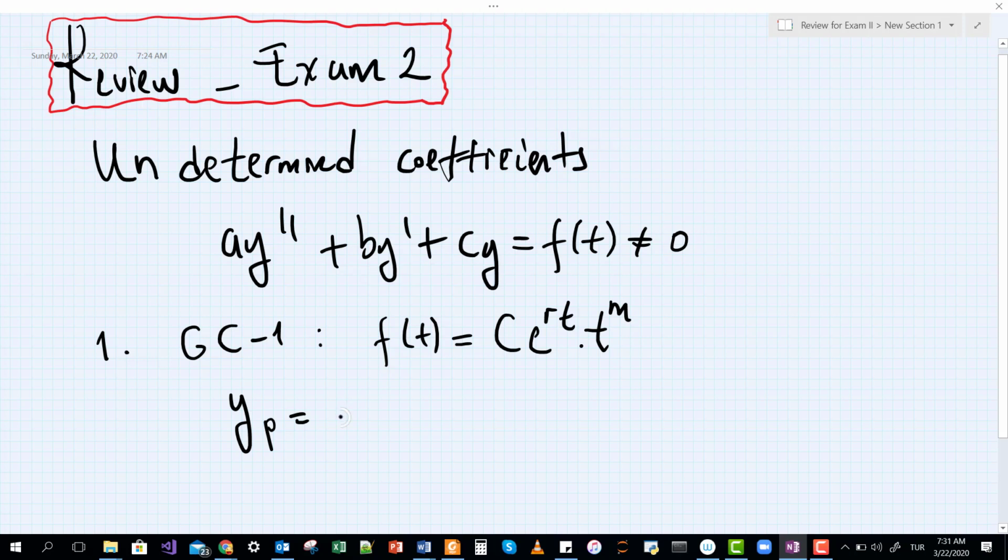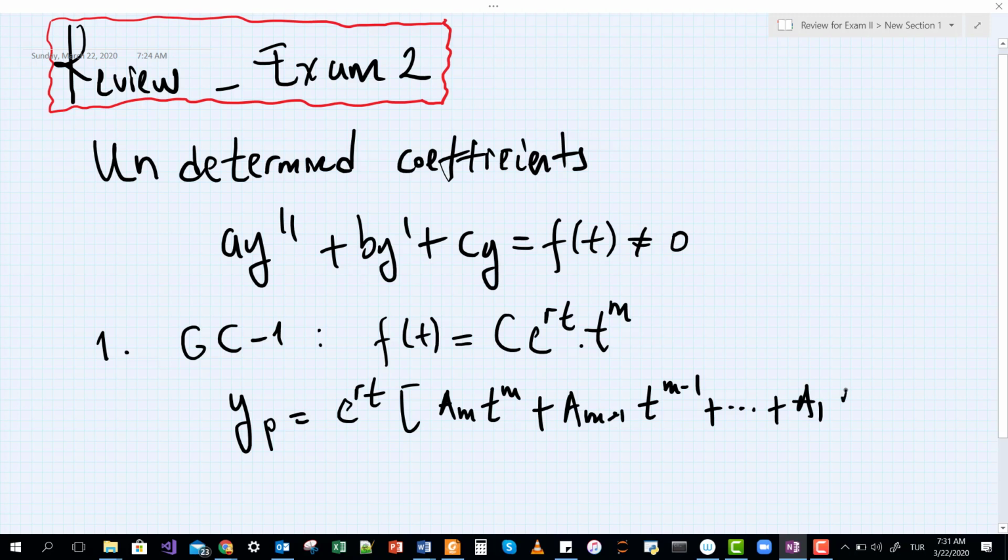It is gonna be e to the rt times a_m t to the m plus a_(m-1) t to the m minus 1, down to a1 t plus a0.